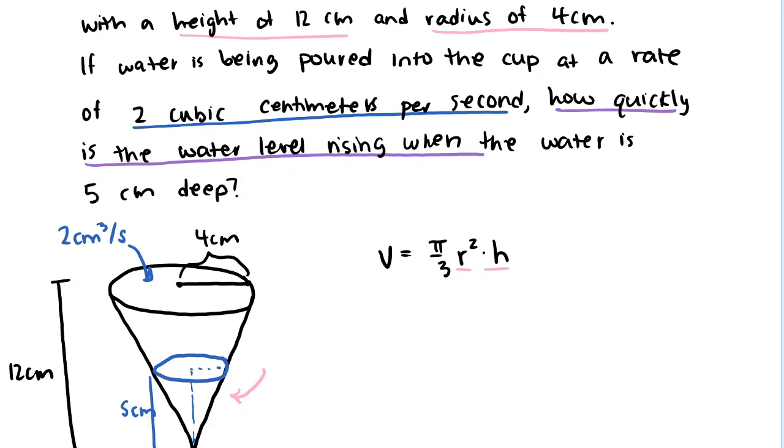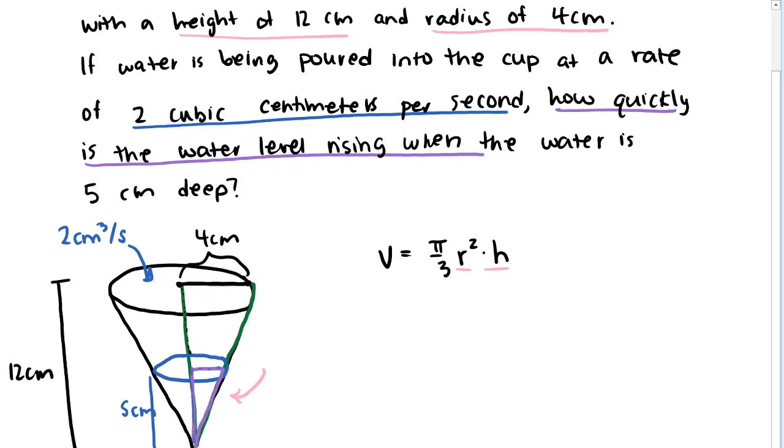And so one thing we can do is swap out r and h. r and h are actually very related to one another in this cone, because we can see them as related through a similar triangle. There's this right triangle formed by the big cone, and there's this triangle formed by the smaller cone of water.